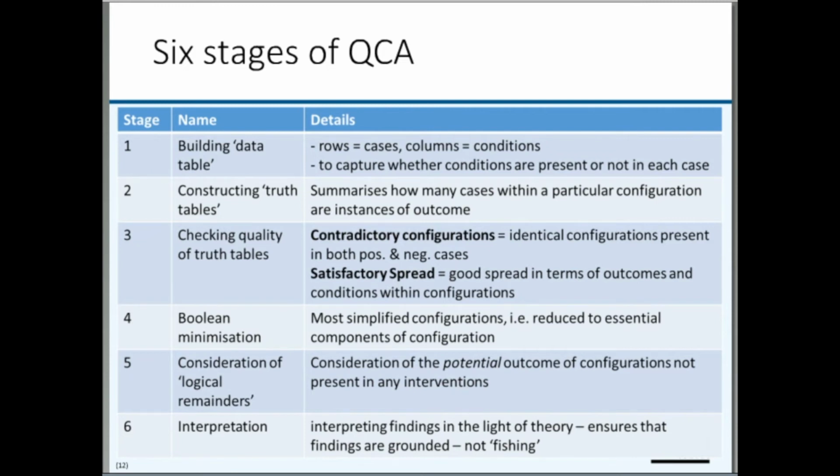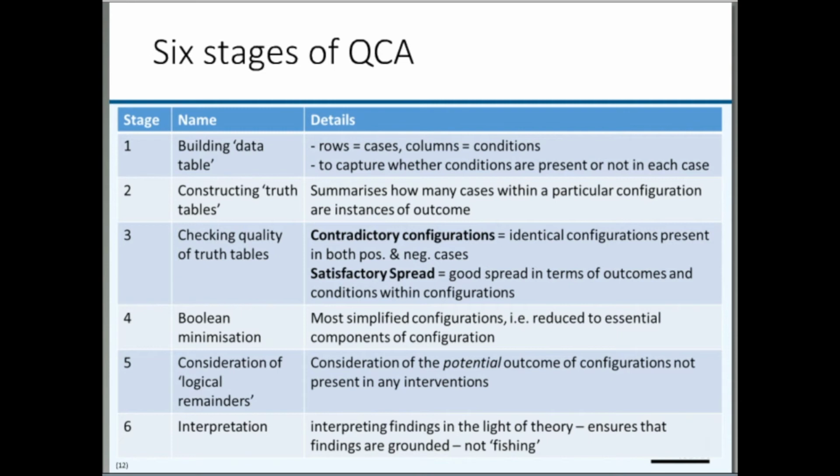We then move from individual conditions and cases to looking at those configurations, or collections of conditions, in our truth table, which is our key analytical tool. The rows then become a summary of the different possible configurations of conditions that we're interested in looking at, and the columns indicate not individual cases but our sets of cases.